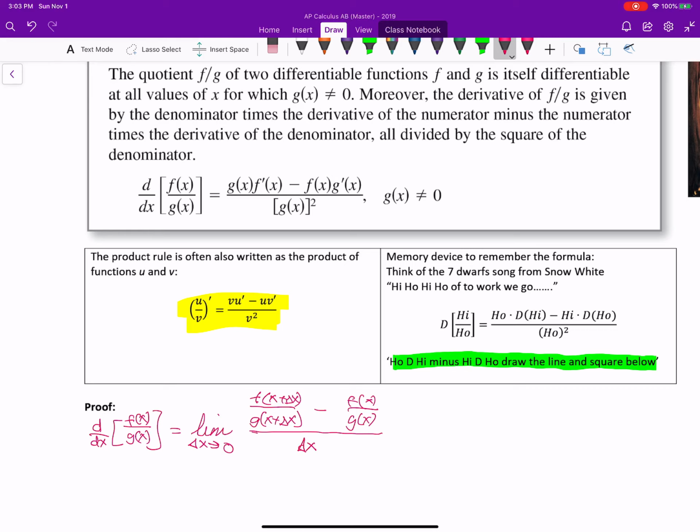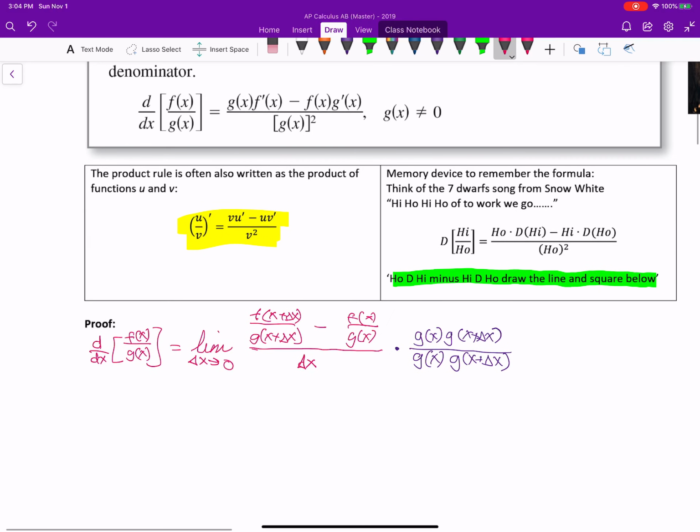The first step is that this is a complex rational expression inside the limit, so let's rewrite that by multiplying by g of x times g of x plus delta x, just to get rid of the smaller fractions inside the bigger fraction, so it's a little bit simpler to deal with. We're going to do something similar to the way we proved the product rule.